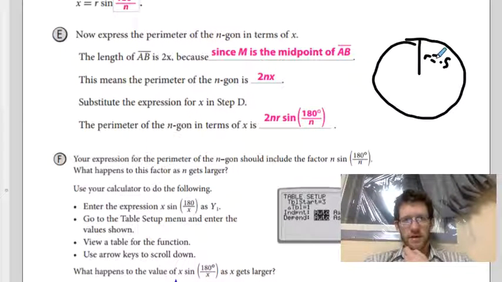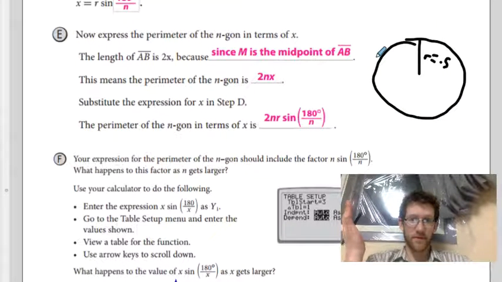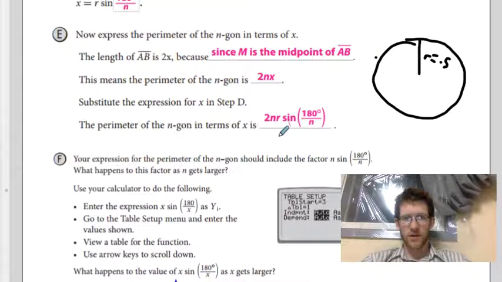The reason why I'm doing this is so the diameter is 1. When the diameter is 1, the circumference is pi. So this way, when we calculate the circumference, we're calculating pi, right? So let's go ahead and see if we can calculate what this value is.